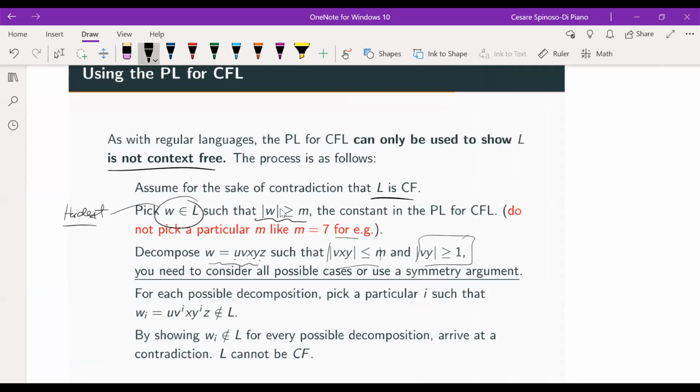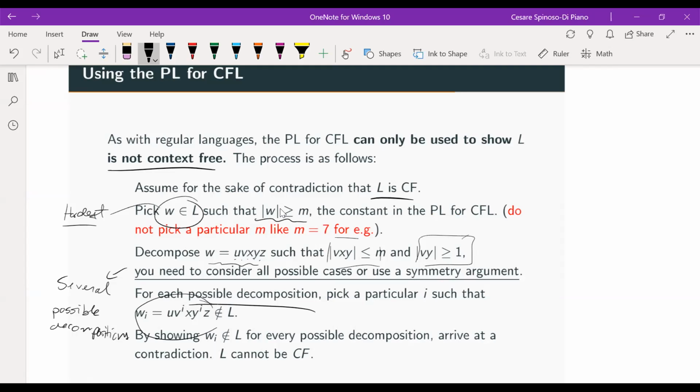And in fact, what you're going to see in lecture is that you're going to have several possible decompositions. Okay, and you're going to have to pump up or down. So for each possible decomposition, you're going to have to pump up or down sort of to find a contradiction.